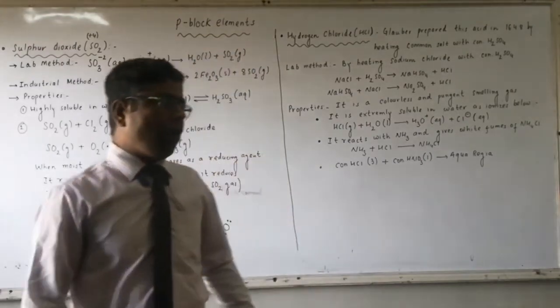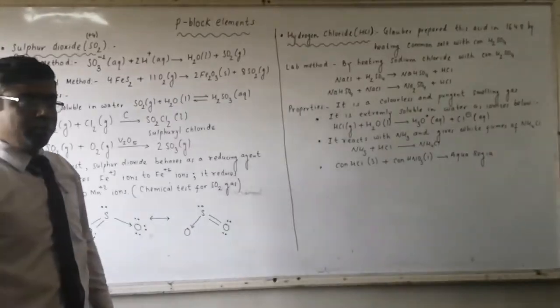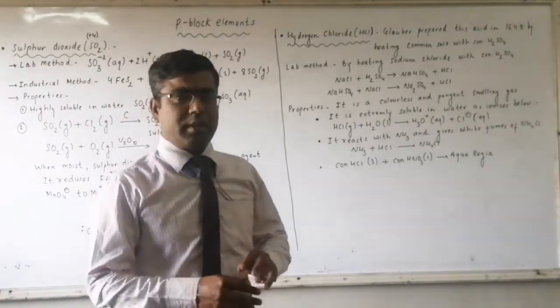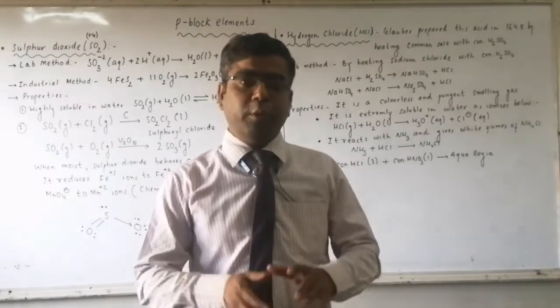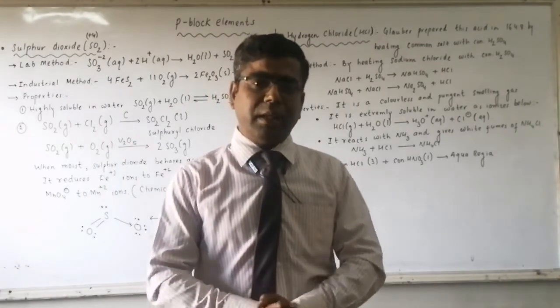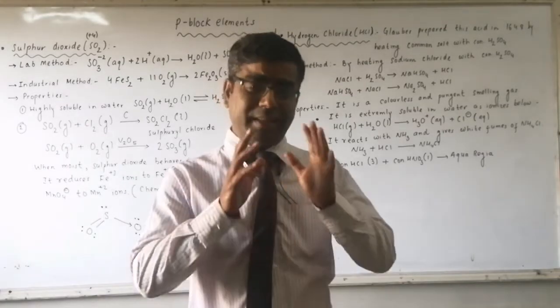So if we check the oxidation state of sulphur in SO2, then the oxidation state of sulphur here is +4. We know it very well that sulphur exhibits maximum oxidation state of +6.